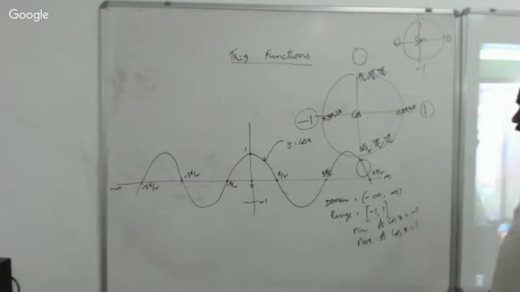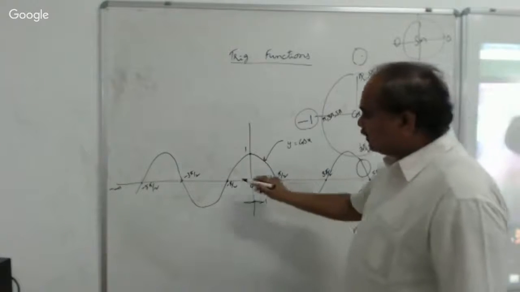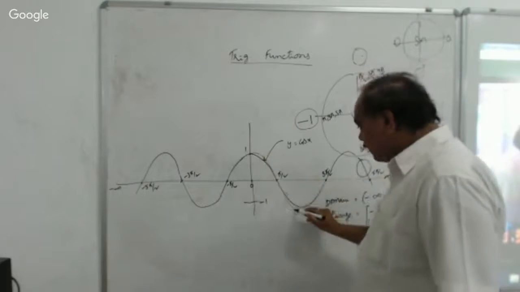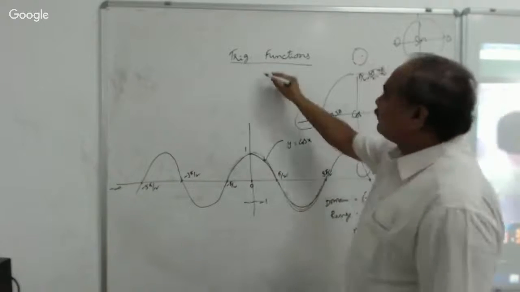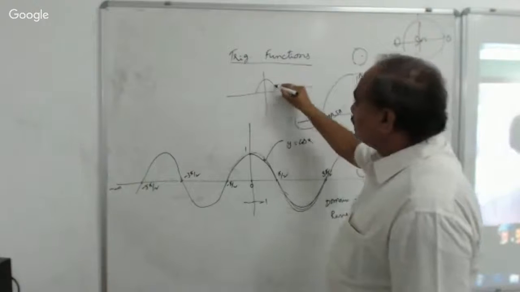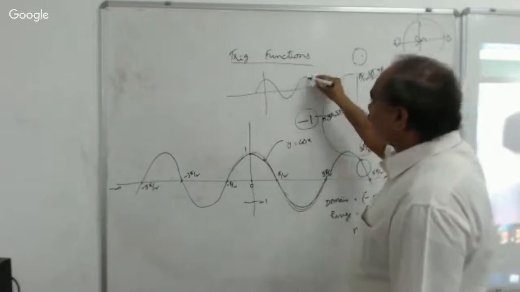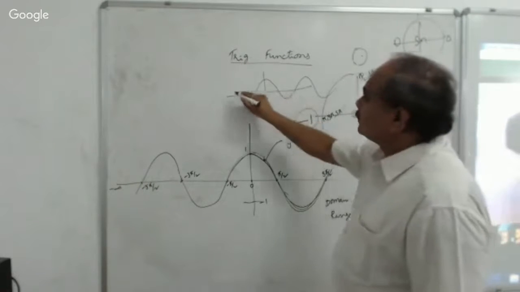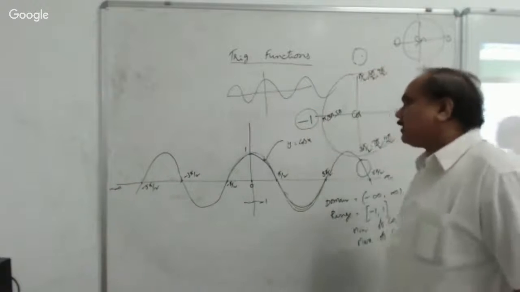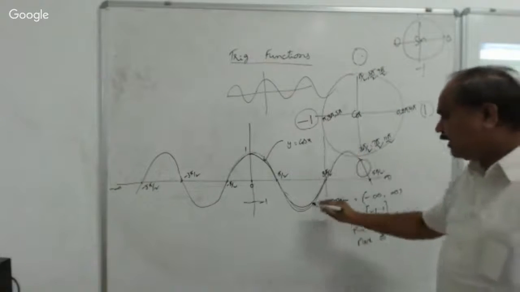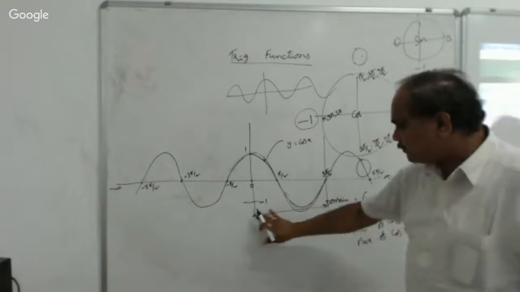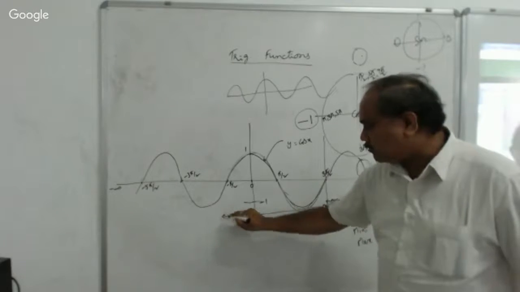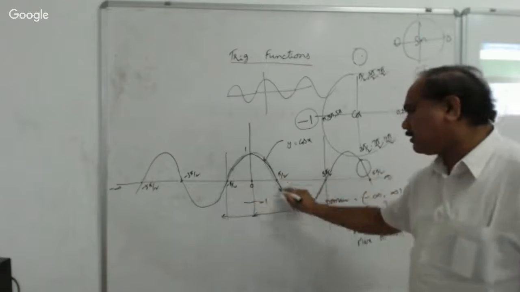Observe that this much portion is repeated. Only this much portion is repeated, like this. The length of the repeated portion is called the period. Its period is up to here; up to here it is repeated.